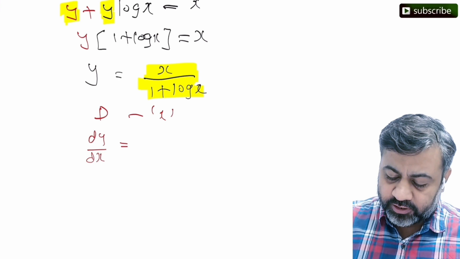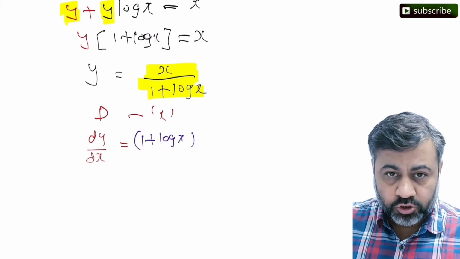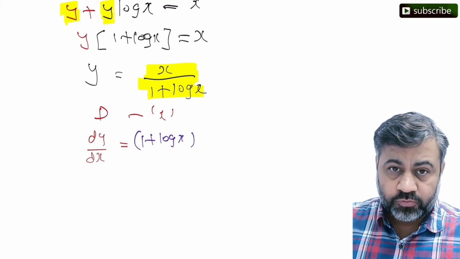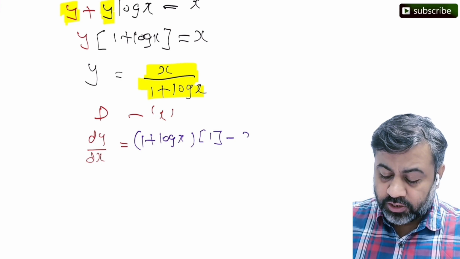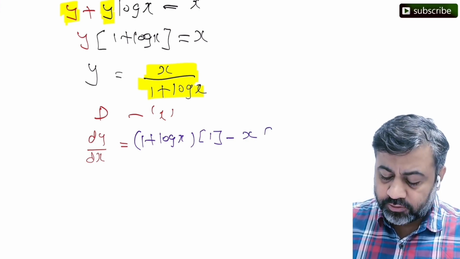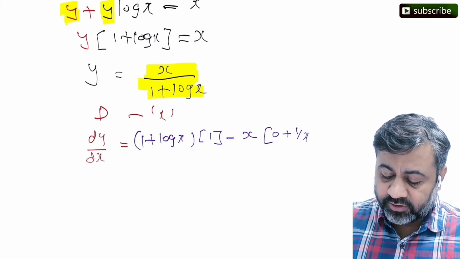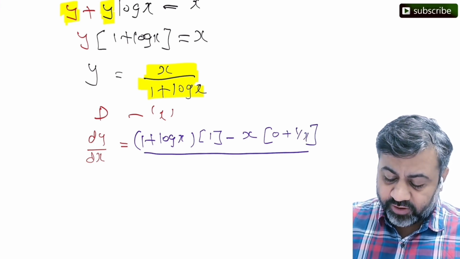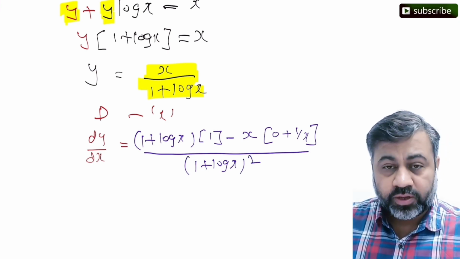So what we get here is, keep (1 plus log x) as it is, the denominator as it is, derivative of numerator, derivative of x is 1, minus, now numerator as it is, x, derivative of denominator, derivative of 1 is 0, derivative of log x is 1 by x, everything divided by (1 plus log x) the whole square.